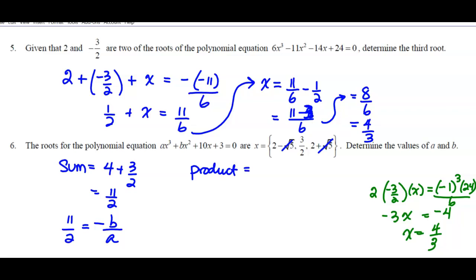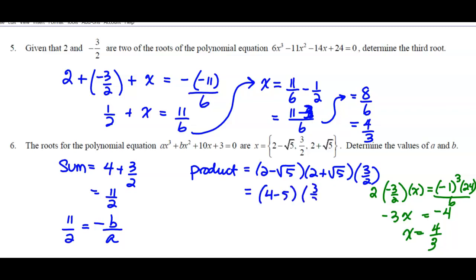Product, well, we've got conjugates, right? So put those together. Multiplying the conjugates together will give you 4 minus 5. Okay.